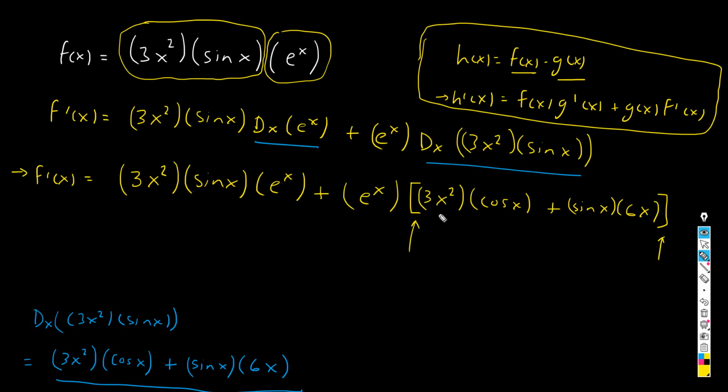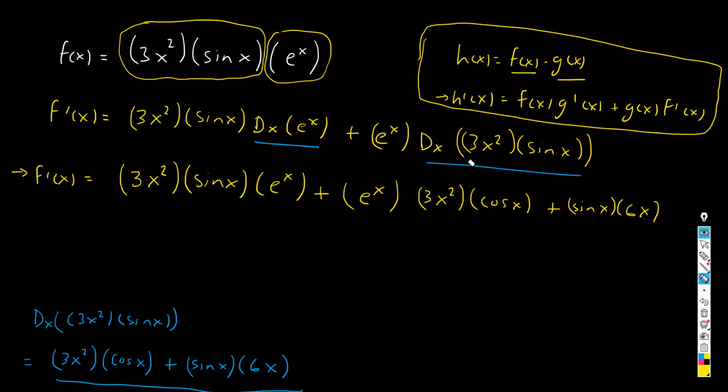Okay, why am I putting brackets, guys, in here? Did you notice? Why is it necessary? Because if I don't do that, look at this. What I'm saying by writing this is that e to the x only multiplies this, e to the x times this, and then plus this little part. And that would be incorrect. Why?